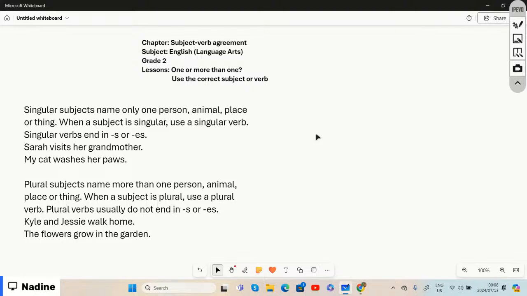So once again, when we have a singular subject, we need to use a singular verb. And that is what we mean when we say that your subject needs to agree with the verb.